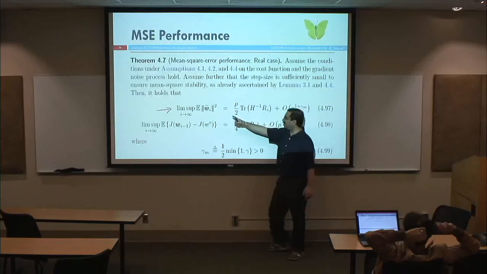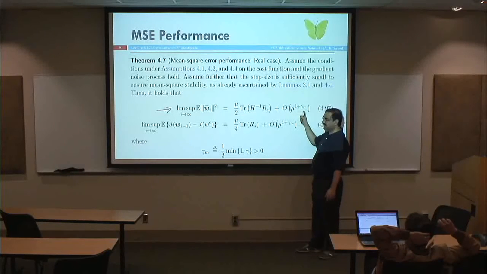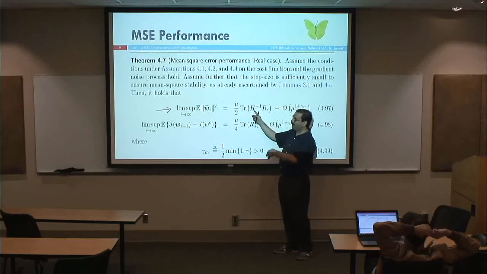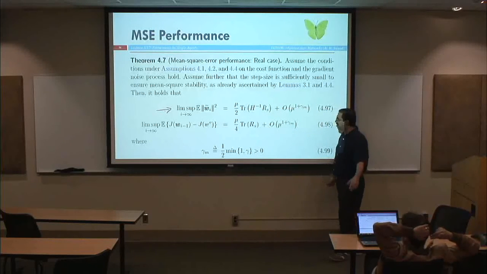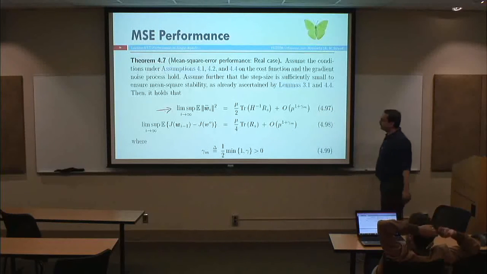Now, if you divide by mu, this disappears. Here you still get something that depends on mu. And now take the limit as mu goes to 0. This goes away. You'll get 1/2 of that. Multiplied by mu again, you get this. That's how we get the MSD expression from the previous slide, and similarly for the excess risk.